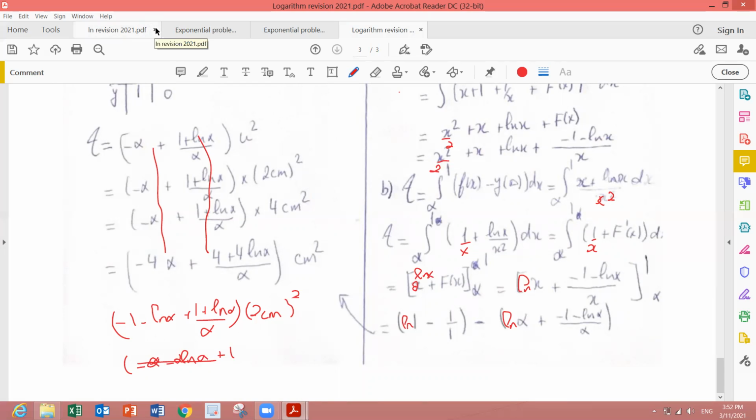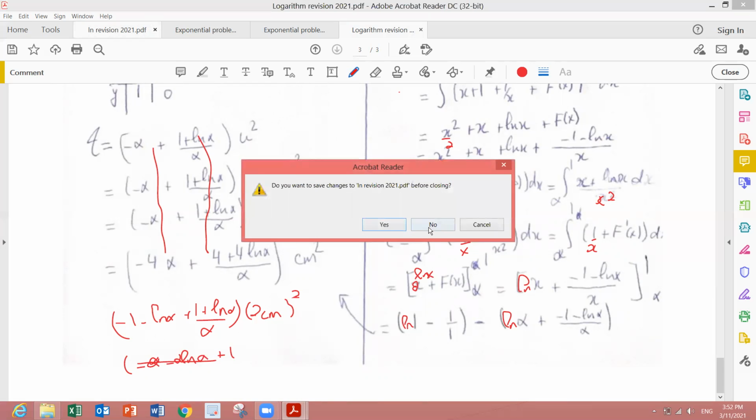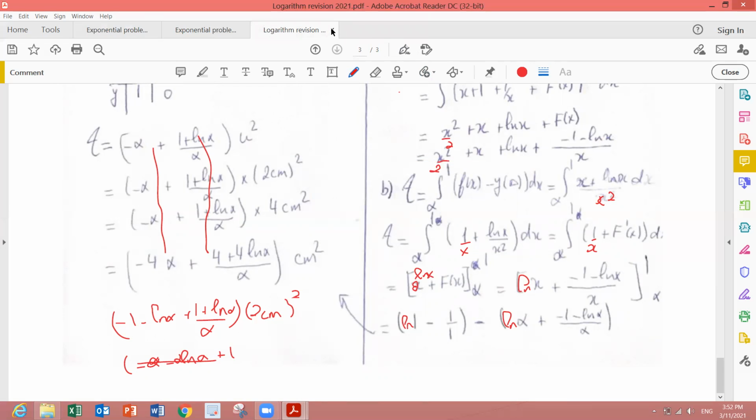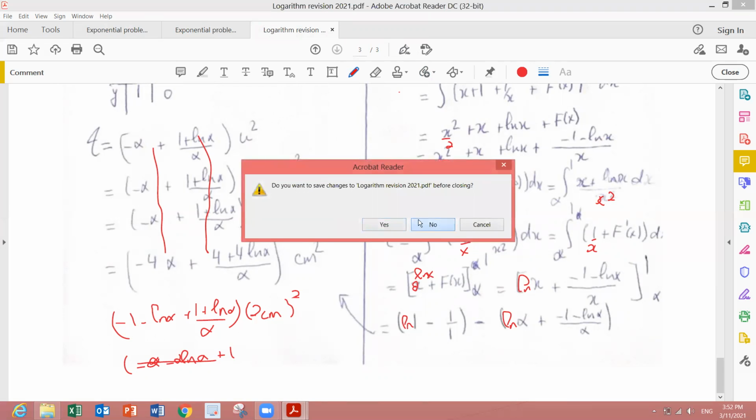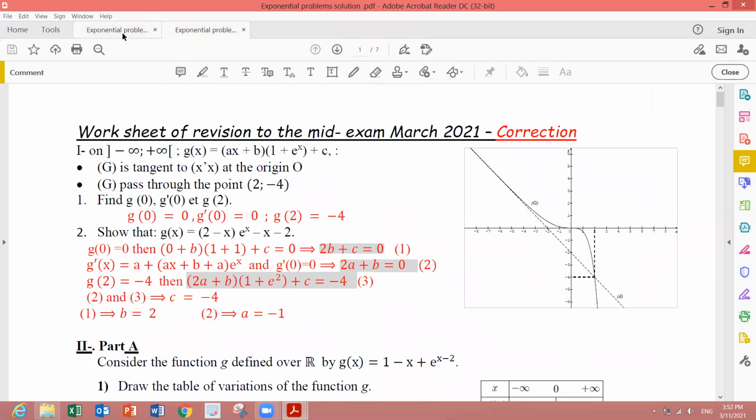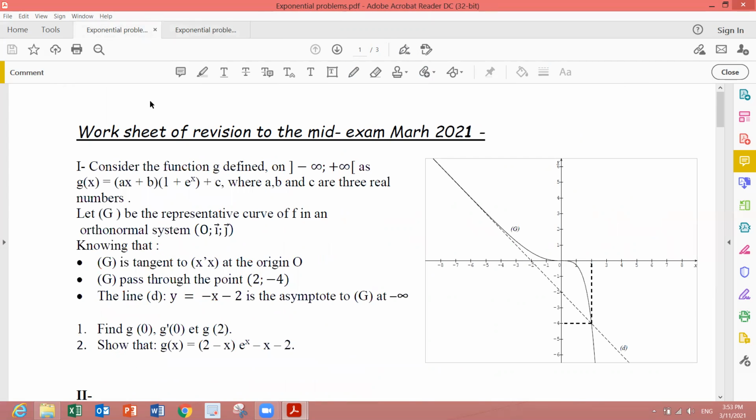We start solving another exercise. Exponential. Exercise 1.